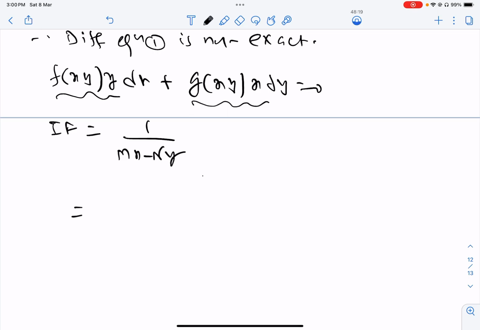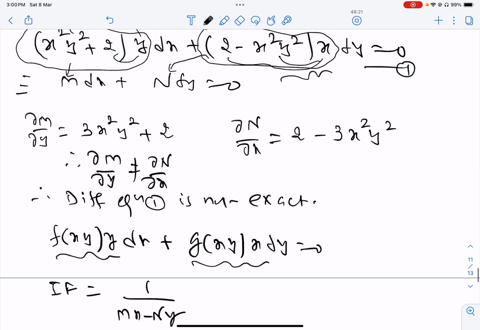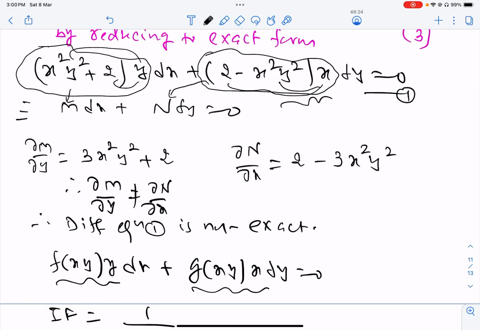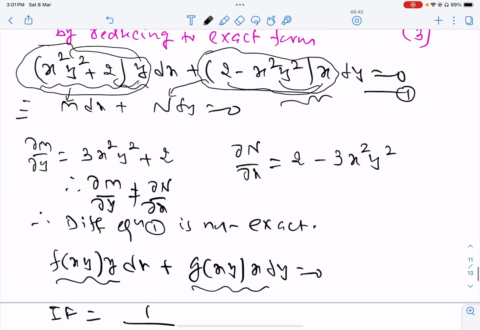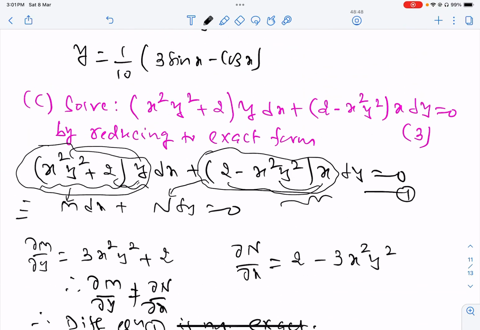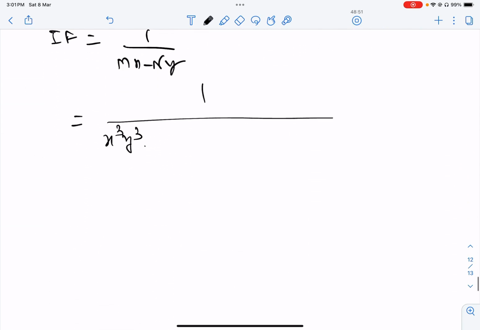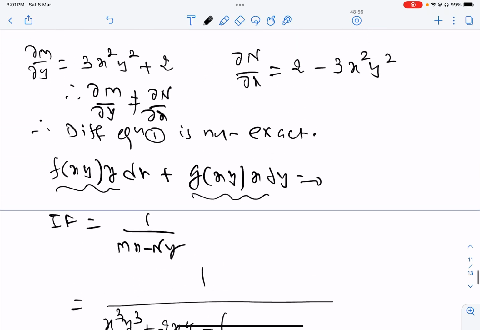So this is equal to 1 upon, now m multiplied by x, so here you can consider xy multiplied by xy. So that is x cube y cube, then 2xy. So this is mx minus ny.